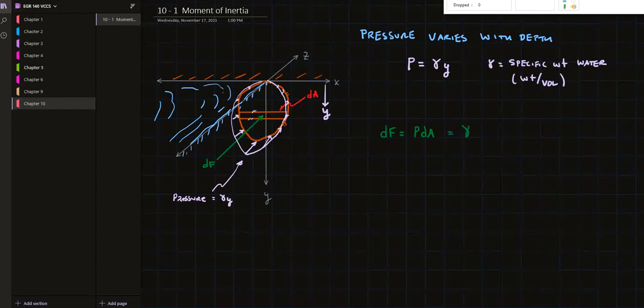That is gamma y dA. So what's interesting is we have a differential force which is a function of y.